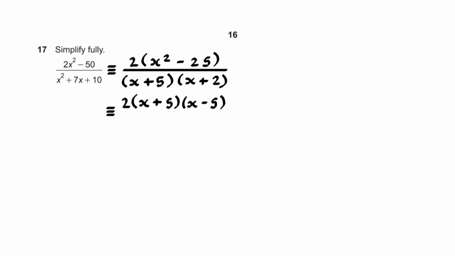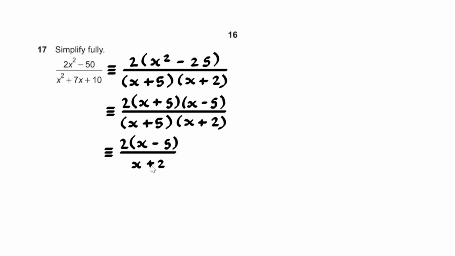So we have 2 multiplied by x plus 5 multiplied by x minus 5. On the bottom we've got x plus 5 multiplied by x plus 2. And noticing that the x plus 5's simplify to 1, we end up with 2 multiplied by x minus 5 over x plus 2, because the x plus 5's simplify to 1.